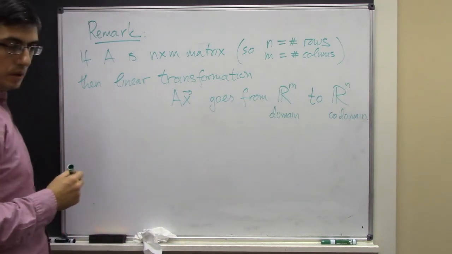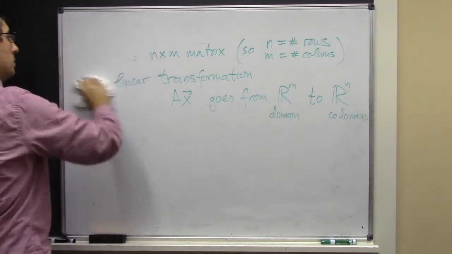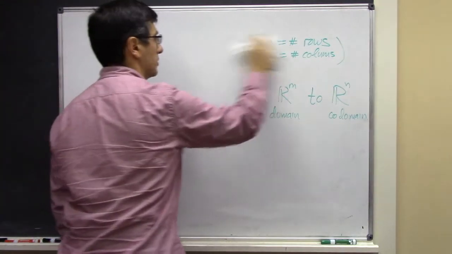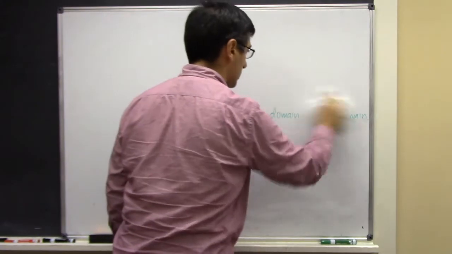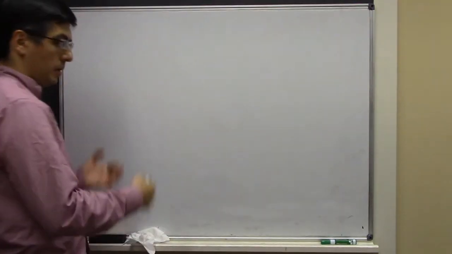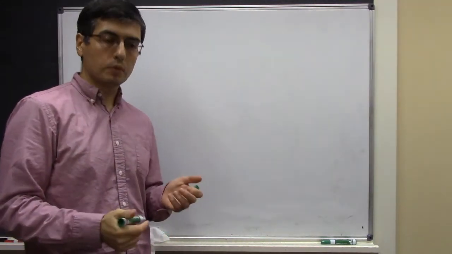Right, and now here's an example, an exercise about linear transformations, which shows you that essentially all these exercises come back to being able to solve a system of linear equations.